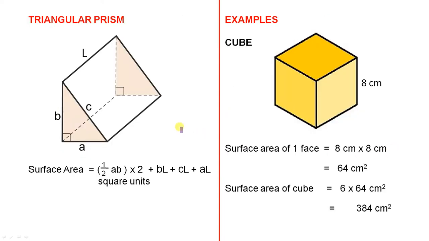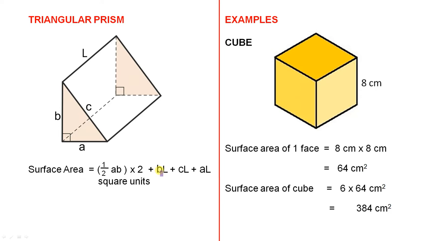The triangular prism. So the surface area of the triangular prism is the surface area of this triangle plus the surface area of that triangle, so that's part of it. So it'll be half AB, half base times height, but you have to multiply that by 2 because there are 2 triangles.